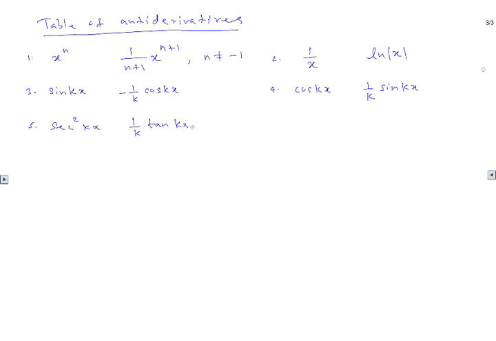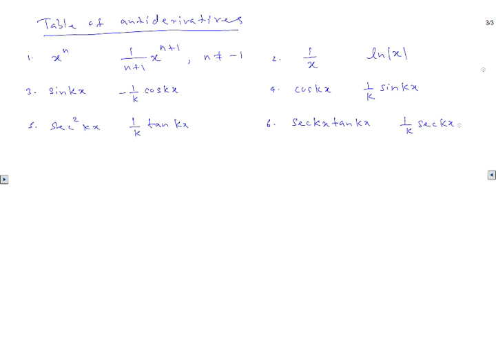And then secant kx tan kx. Where do you get secant tan? When you take the derivative of secant, right? So it's 1 over k secant kx.